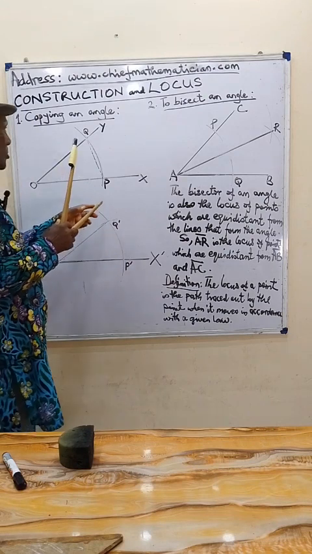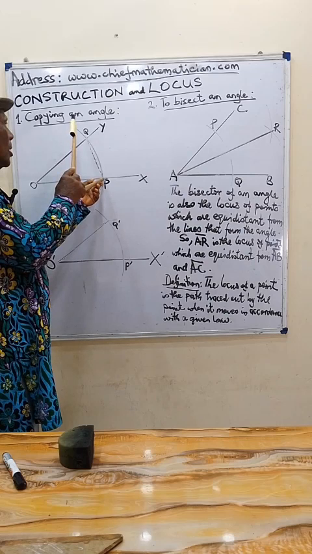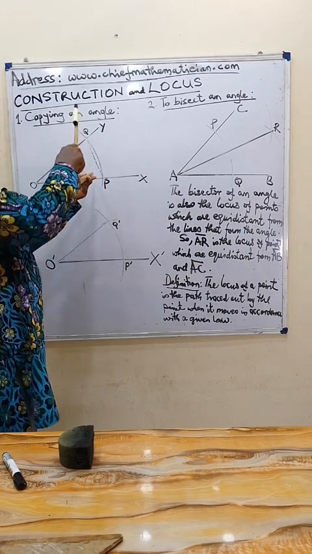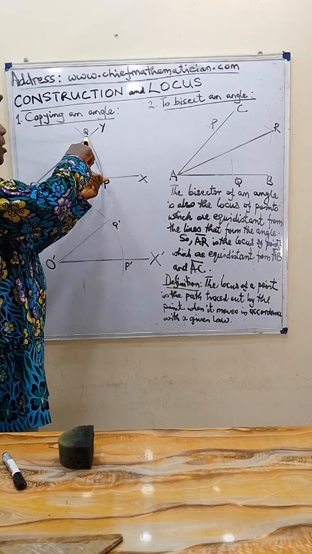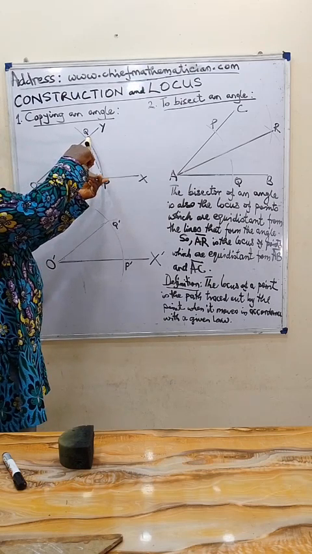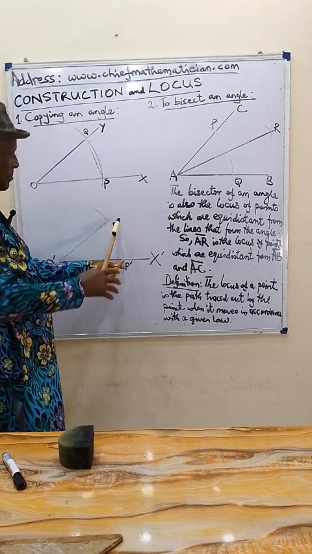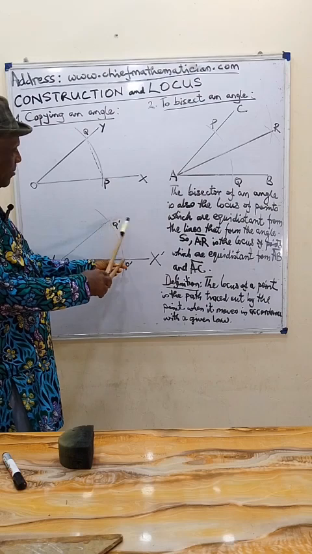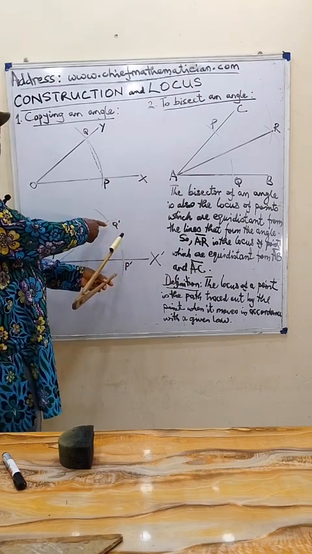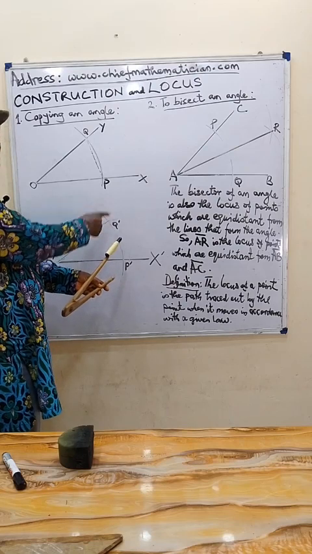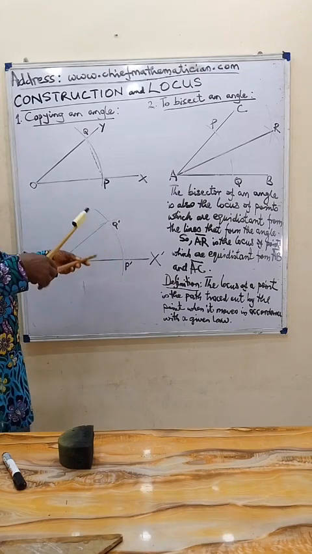Now you come and measure PQ. With PQ as radius, you now come to this P prime and describe an arc to cut the first arc at this point, which you will now call Q prime. Now take note of what I said.